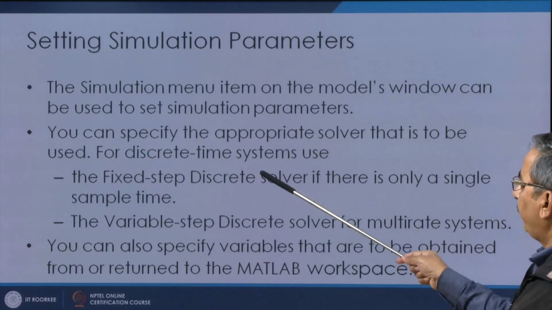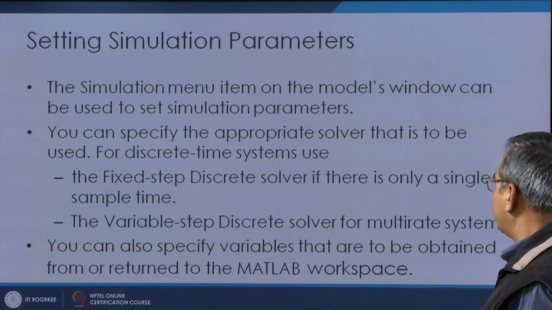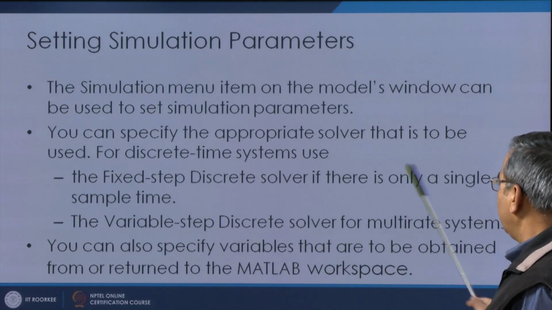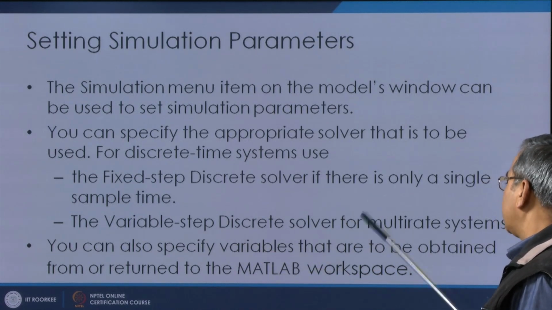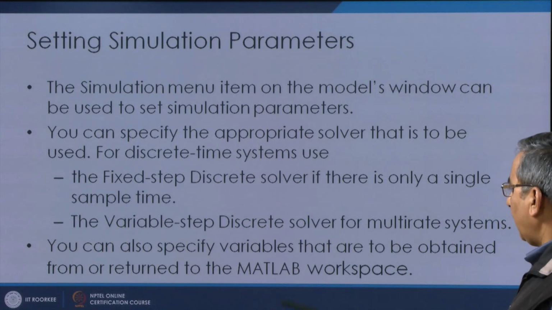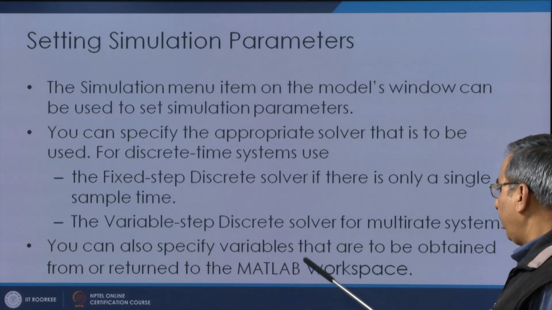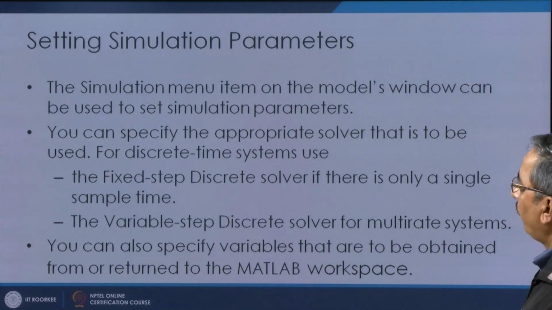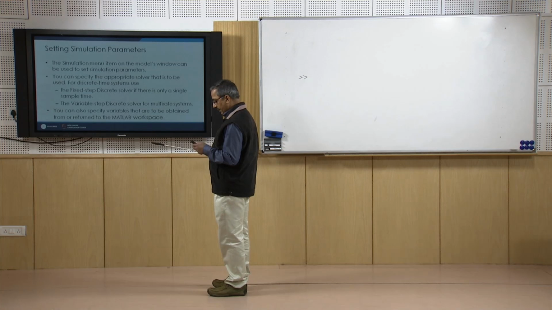For example, for discrete time steps, we can use, say, the fixed step discrete solver if there is only a single sample time, or we can go for the variable step discrete solver if there is a multi-rate system. Okay. And you can also specify the variables that can be obtained from or returned to the MATLAB workspace. So, all those things can be done.